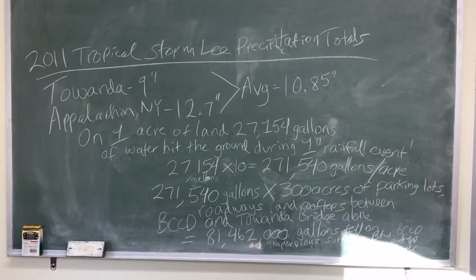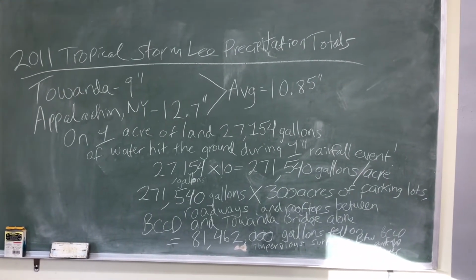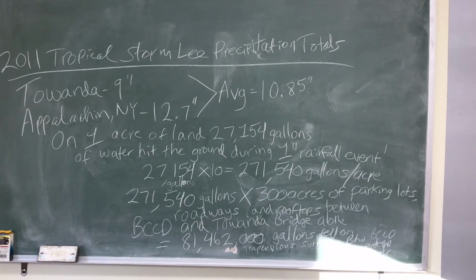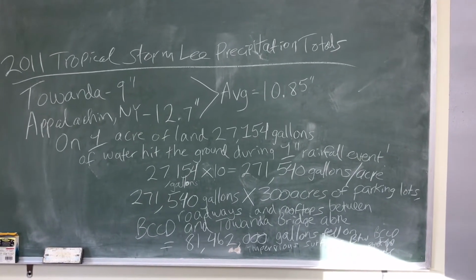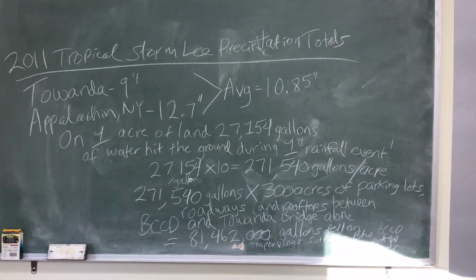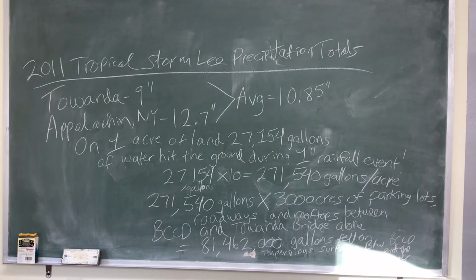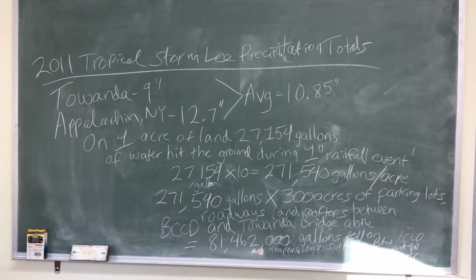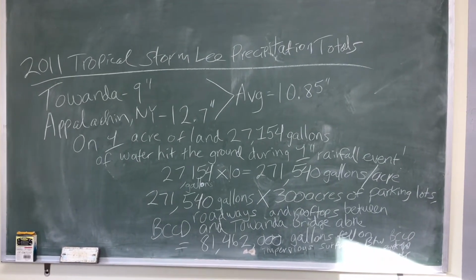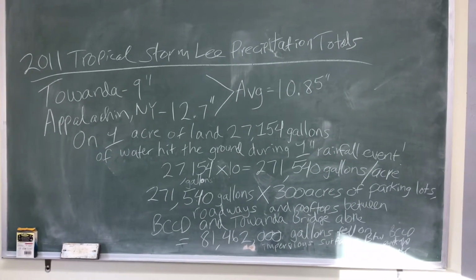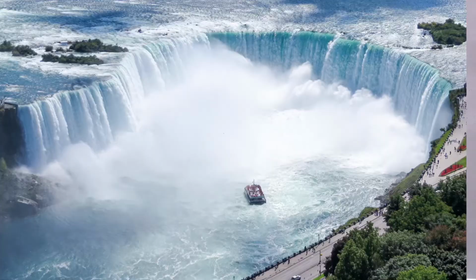So if you take that 271,540 gallons and you multiply that by 300 acres of impervious surface just from the Conservation District office to the Towanda Bridge, okay, you get a total of 81,462,000 gallons of water fell just on those impervious surfaces alone.